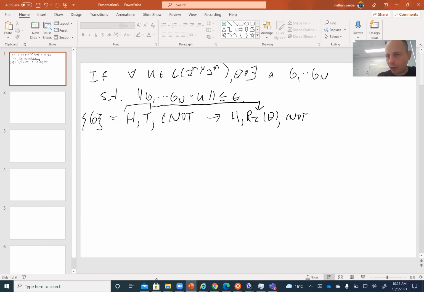The first step that we're going to need is to prove, one, that Toffoli can be made. Well, there's a straightforward circuit that you can look up in Nielsen and Chuang for describing the Toffoli gate.